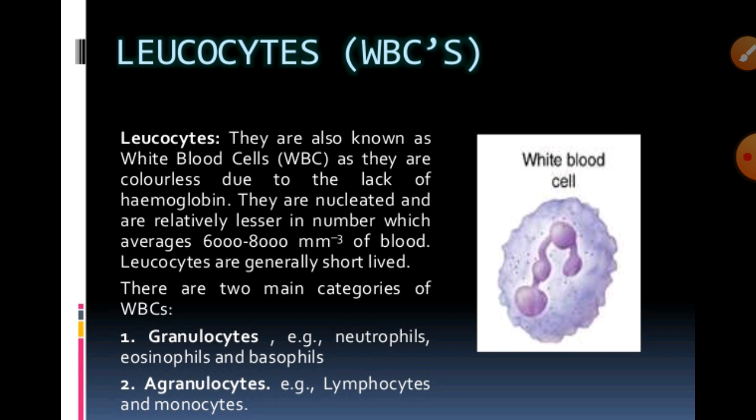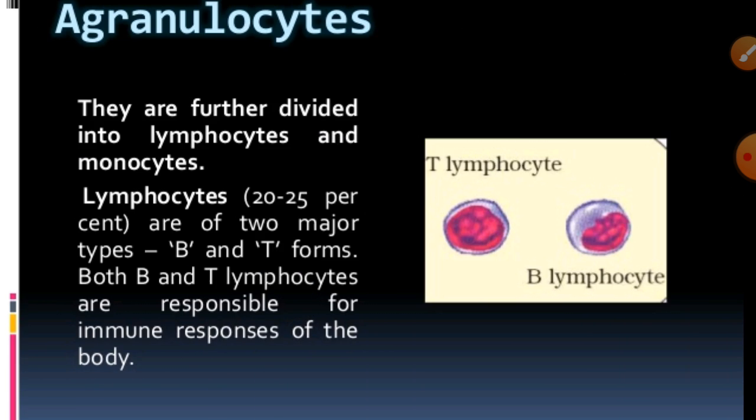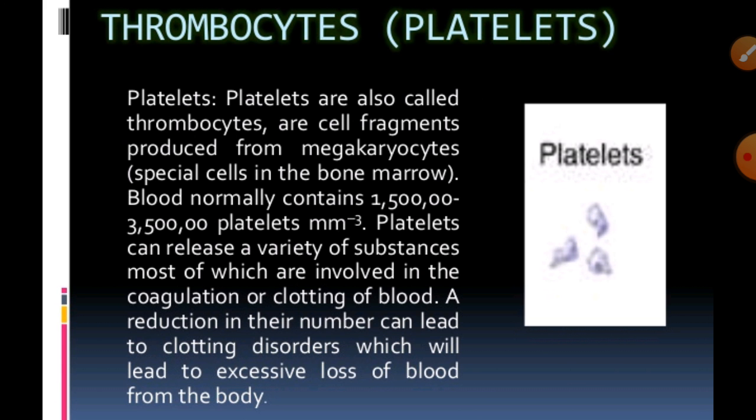We will talk about them later, but first we have to discuss the small thing called blood platelets, or thrombocytes. Thrombocytes are also known as blood platelets. These are cell fragments formed from megakaryocytes, special cells found in the red bone marrow.